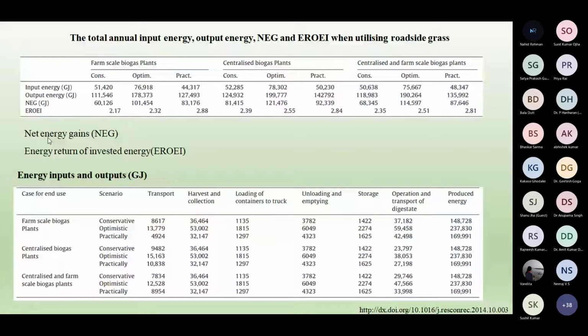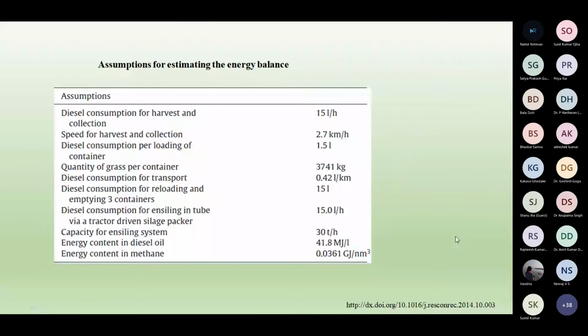Then they compared the farm scale biogas plant output and the centralized biogas plant output. They found how much energy is consumed during transport, harvest, loading, unloading, storage, operation, and the final produced energy. So this is a comparison of all the aspects. Then they did the energy balance analysis as well: how much energy will be consumed for all these assumptions.